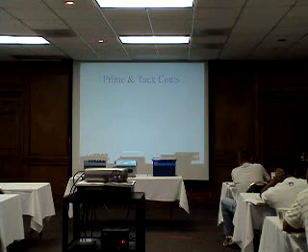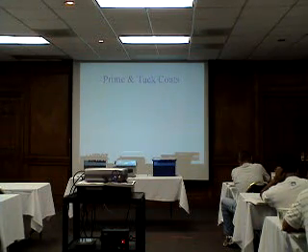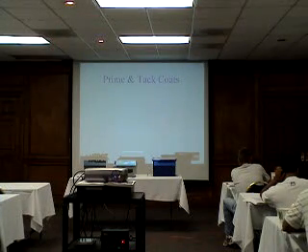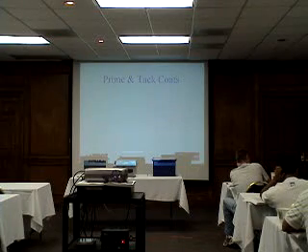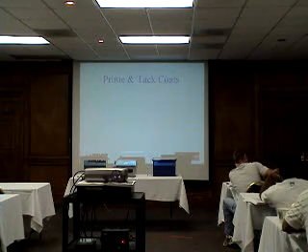Also in this section includes prime and tack. That's what we're going to talk about mostly right now. And Jim will touch on some of the other aspects of section 9 a little bit later. Instead, we're going to talk about prime and tack.